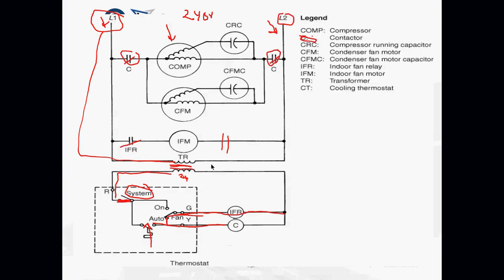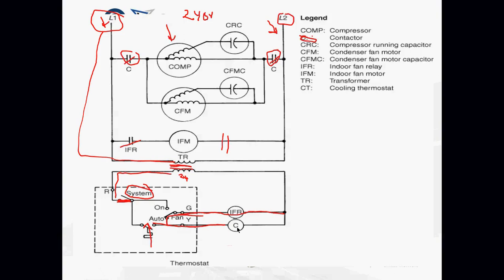But again, the sequence of operation: the transformer provides power to the R, the system switch is on cool, the system switch is closed. When the room temperature warms up above the set point of the thermostat, we provide power, 24 volts, to the G and the Y terminal.